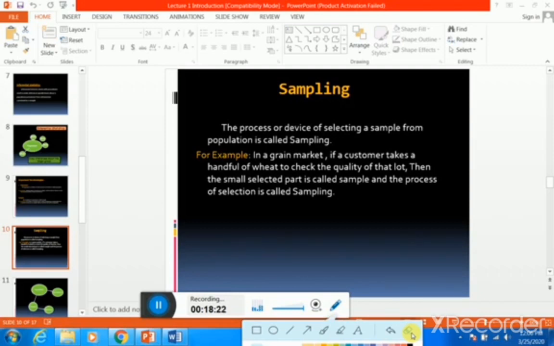Later on, inshallah, we will discuss the different types of sampling, like probability sampling and non-probability sampling. In this introductory lecture I only want to clear the terminology, what the meaning is. So the process of selecting samples out of the population data is simply known as your sampling.